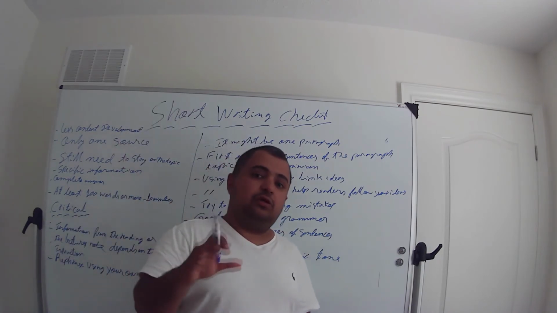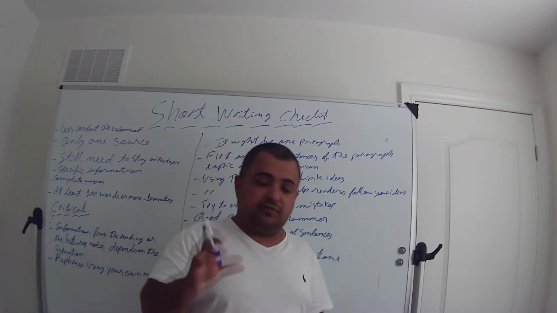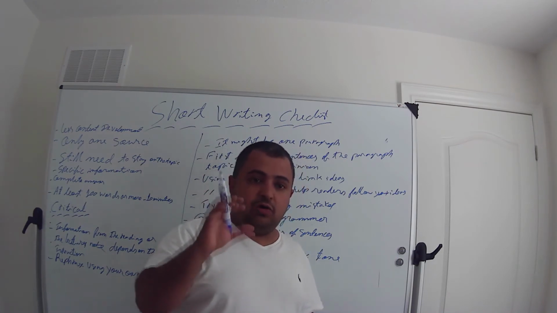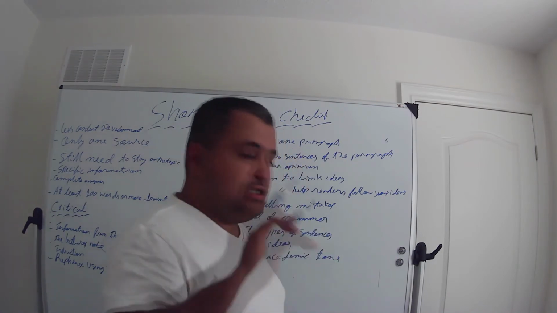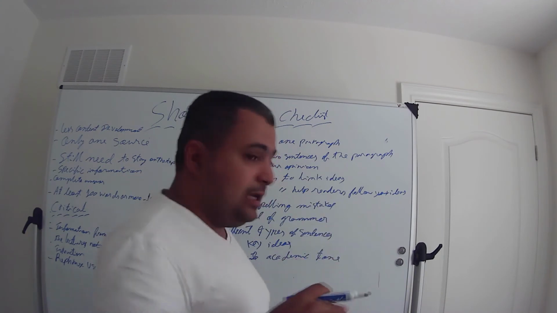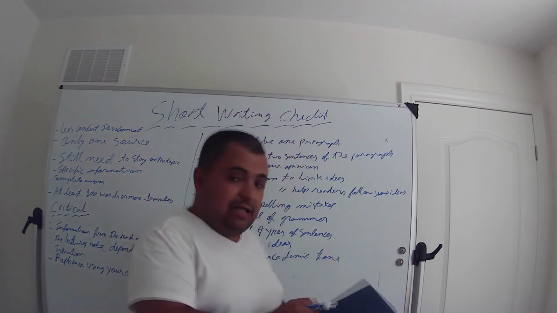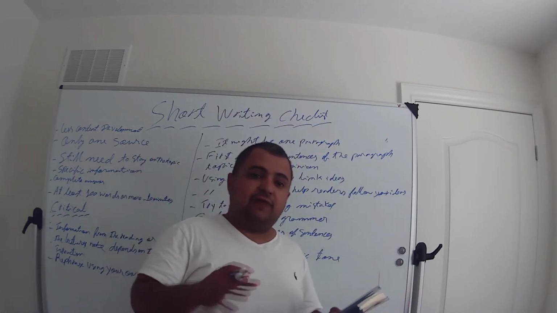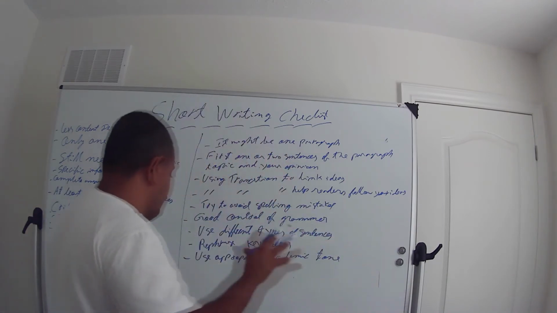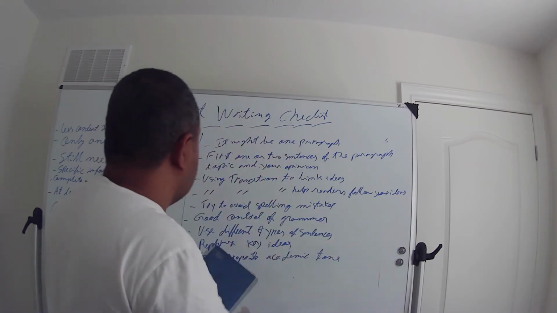So all of what's written here, I'll snap a picture of it and put it in the video at the beginning and at the end of the video, and after that you can check all the points that I mentioned here. Just pause and you can read them properly. So I'll just do a rephrasing of what I have discussed right now, the rephrasing of the short writing checklist.